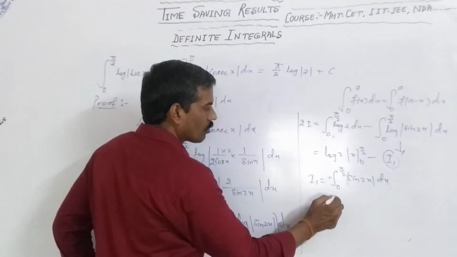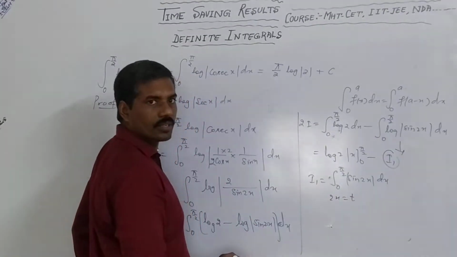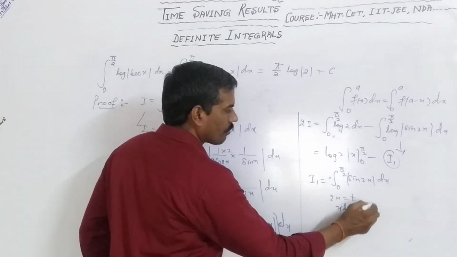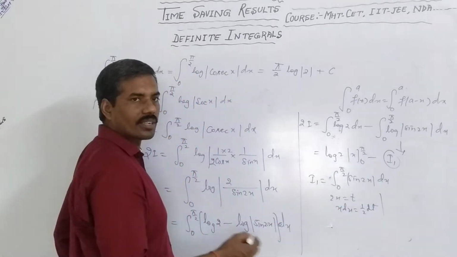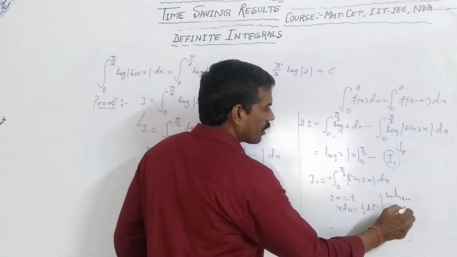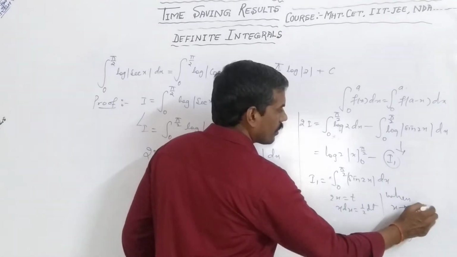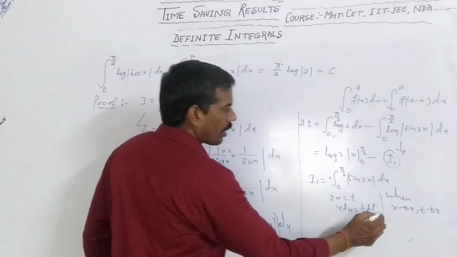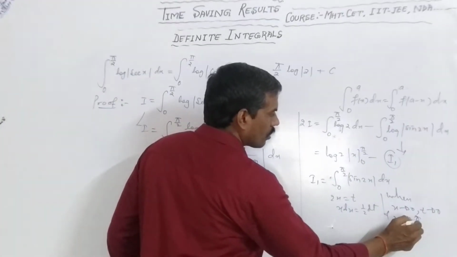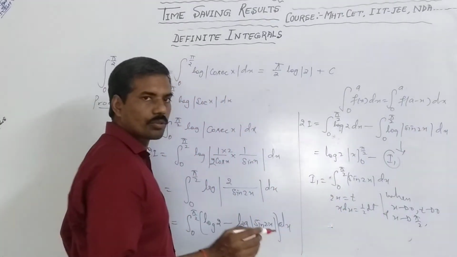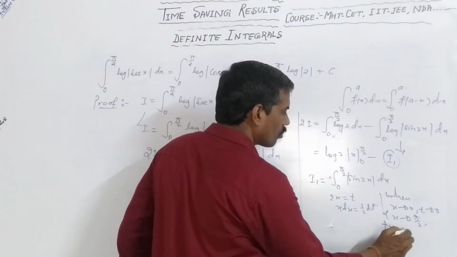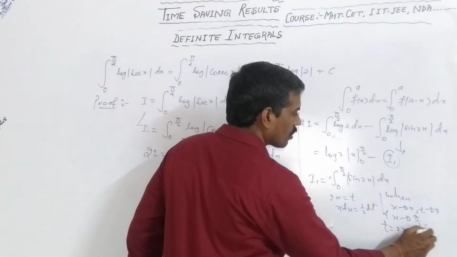Okay, taking 2x is equal to t, then dx is equal to half of dt, and changing the limits: when x tends towards 0, then t is also 0, and when x tends towards pi by 2, then since t is equal to 2x, t is equal to 2 into pi by 2, which is pi.